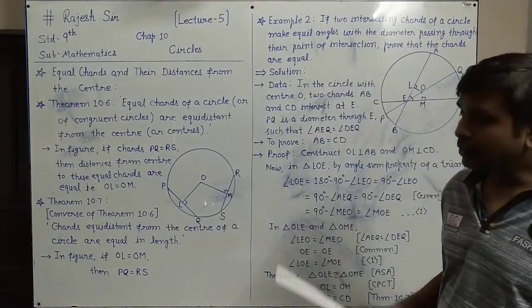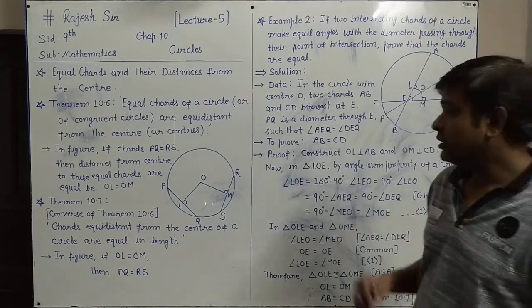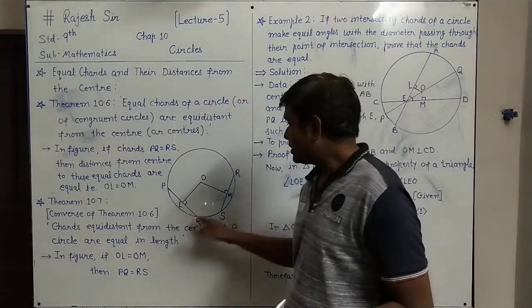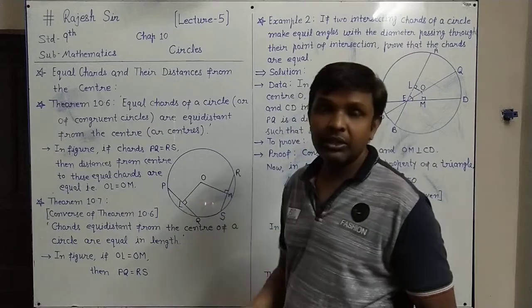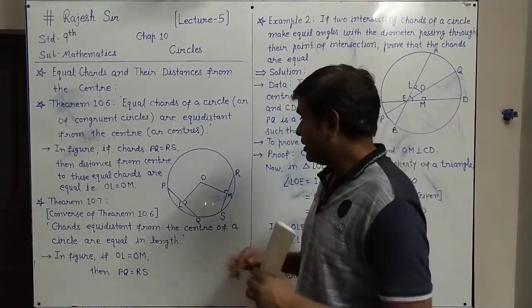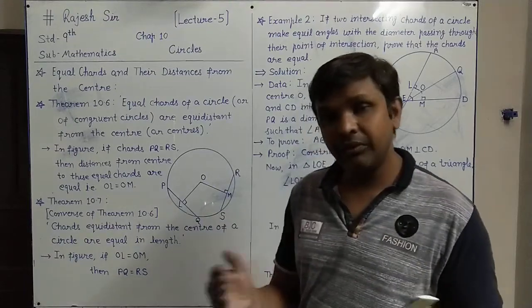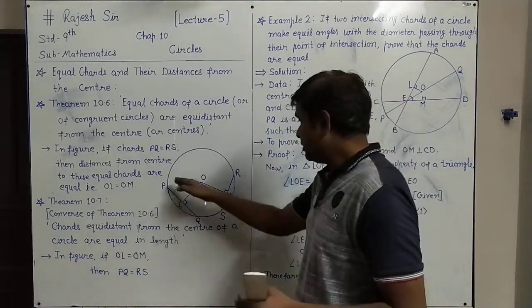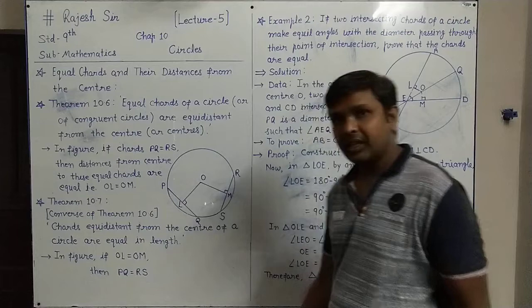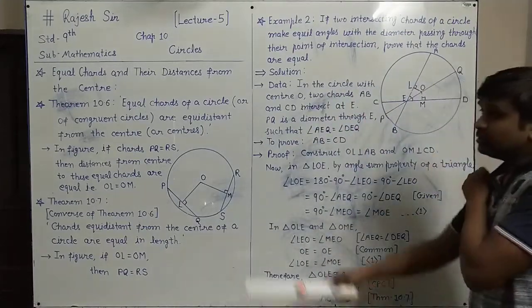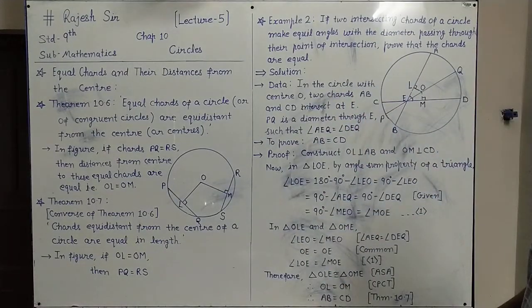So in short, what you understand from these two theorems is that if chords are equal, they will be at equidistance from the center. Next, if two chords are at equal distance, or equidistance, from the center, they will be equal chords. Simple. This theorem we will use in the next coming example too.